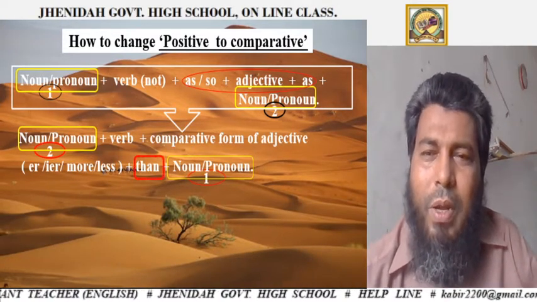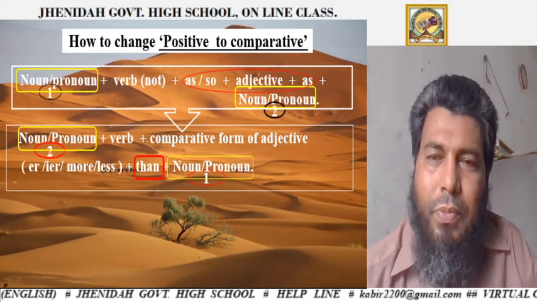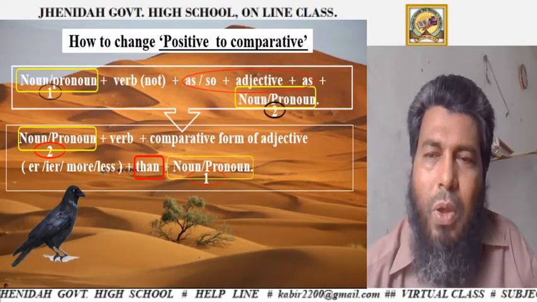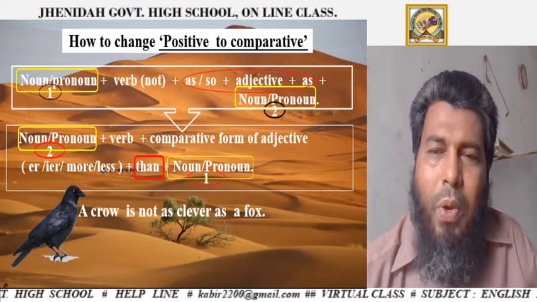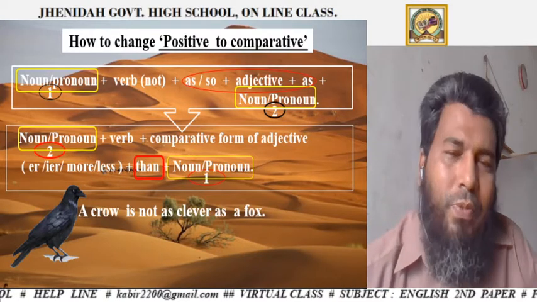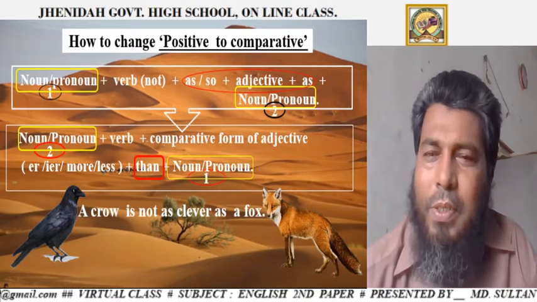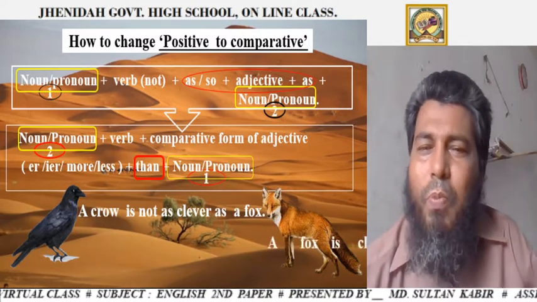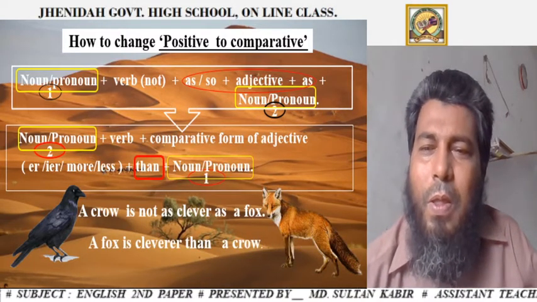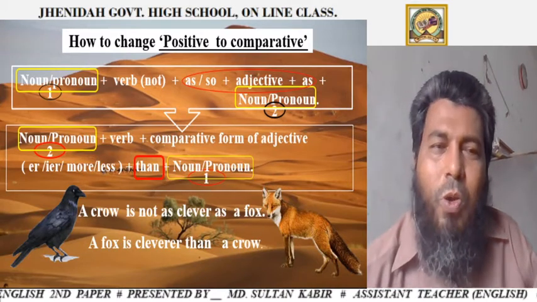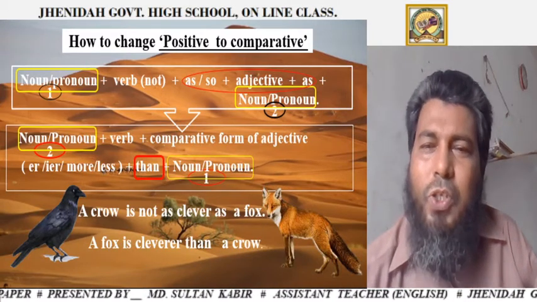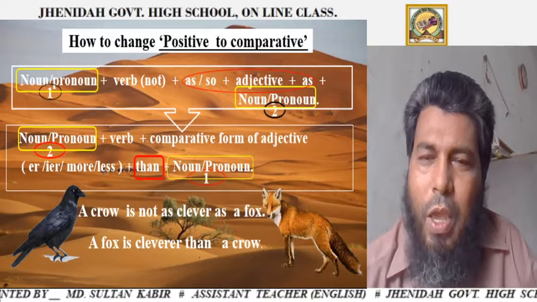Okay, now look at the example here. A crow is not as clever as a fox. So the comparative form starts with a fox. That means the last noun or pronoun must be inserted at the beginning. So that's why a fox.